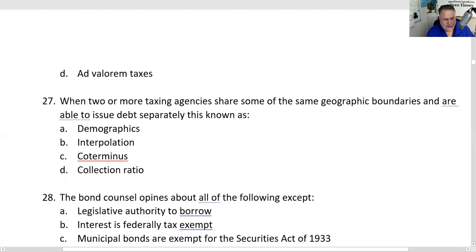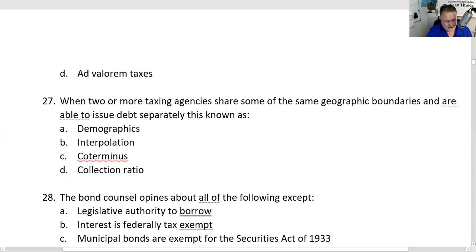This is also known as overlapping debt. So I'm coming to you from my studio in fabulous Las Vegas. And Las Vegas is in Clark County. So Las Vegas is 100% coterminous with Clark County. You cannot be in Las Vegas without being in Clark County, Nevada. Now, listen, Clark County isn't 100% coterminous with Las Vegas. You could be in Henderson. You could be in Summerlin. You could be somewhere else.